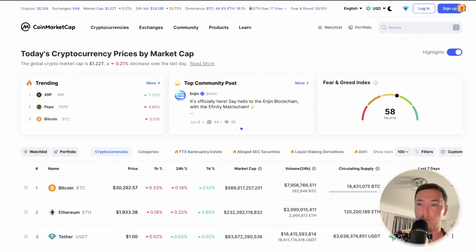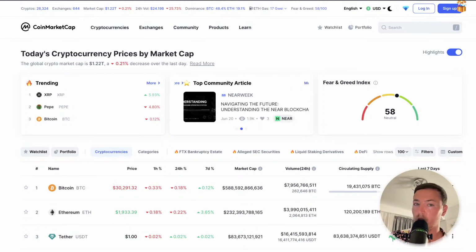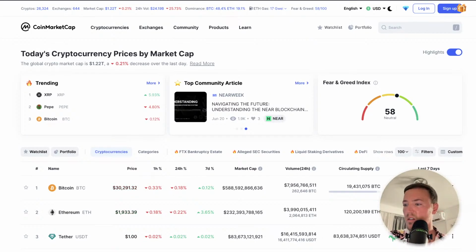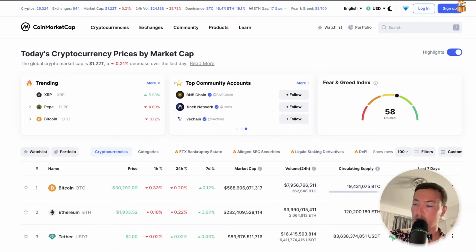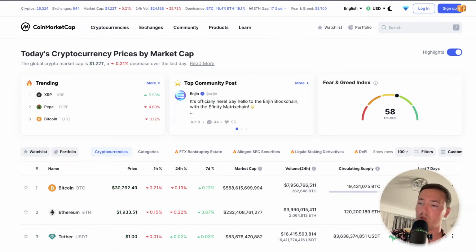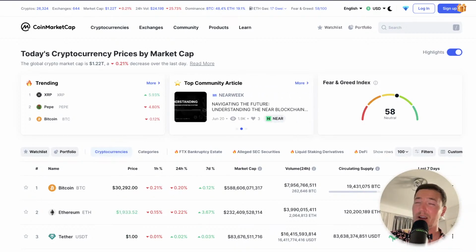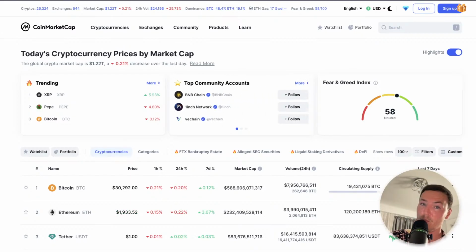So when I do my research, I want to know, are they going to be here in the next few years? Have they got a team, etc.? So if you like Chainlink, there is no reason to sell it to chase something else. Because as soon as you sell it, you know what will happen. Chainlink will pump to the moon. Everybody's experienced that.